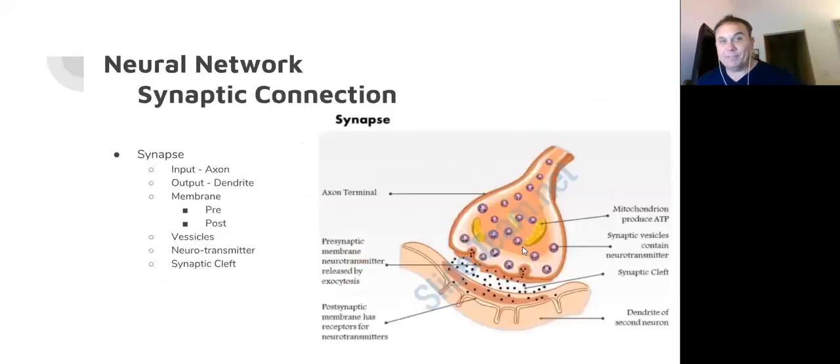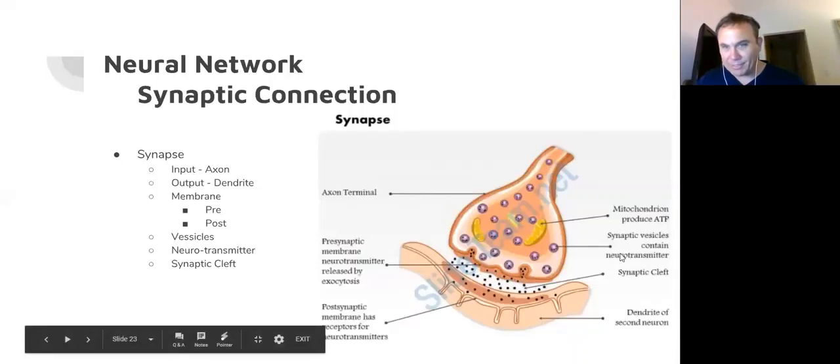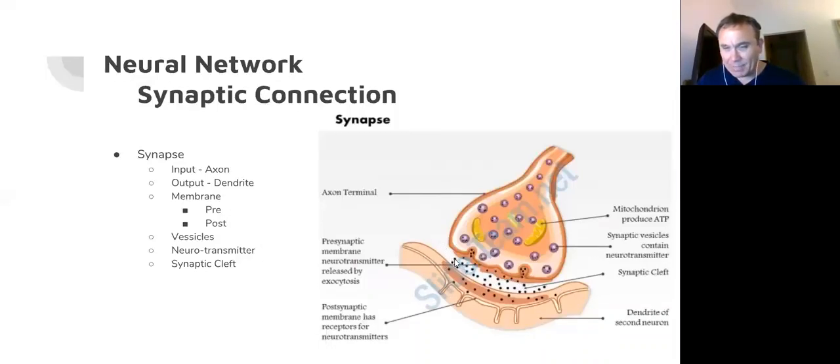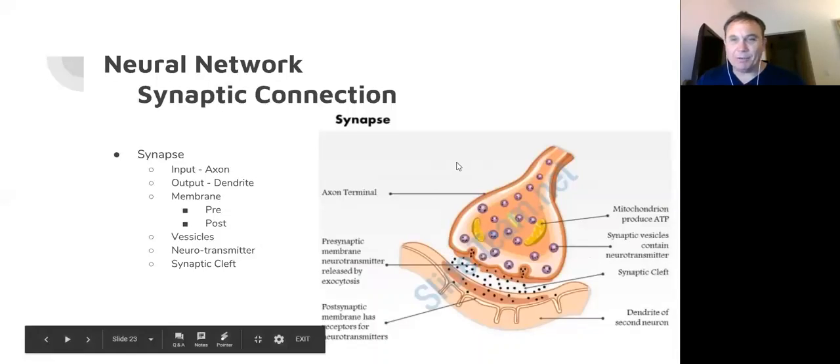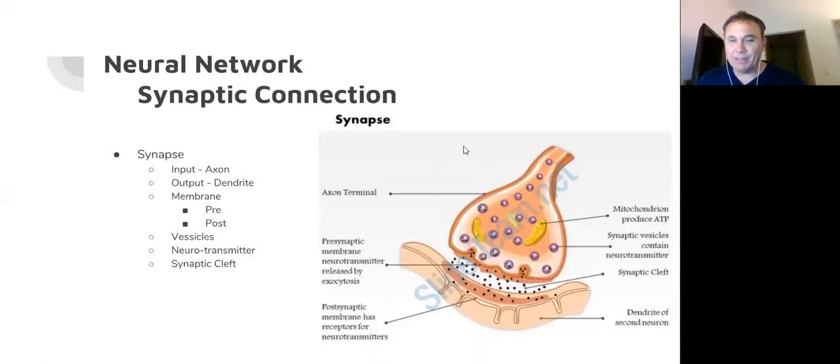Okay, so a synapse. This is where a lot of the magic happens. You have the chemicals coming through here from the axon, moving through this area to the dendrite of the next neuron. And this is where you need chemicals running around in the brain fluid.